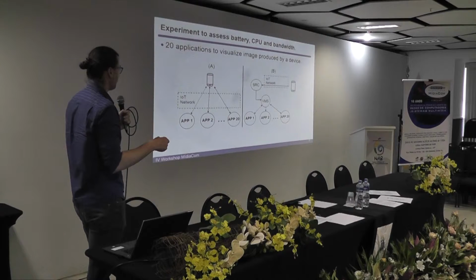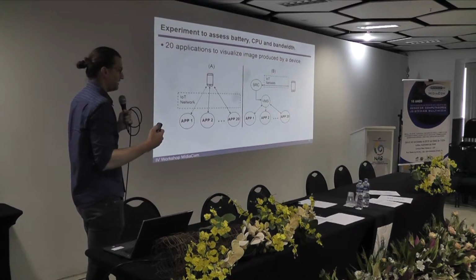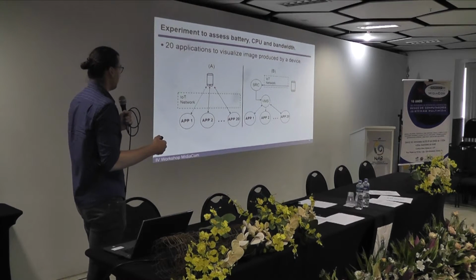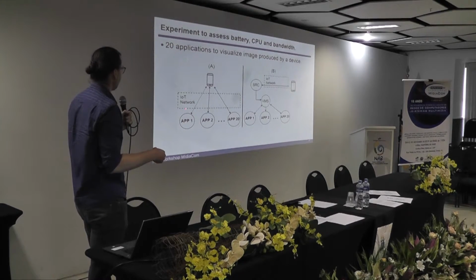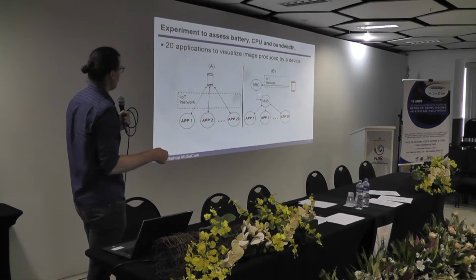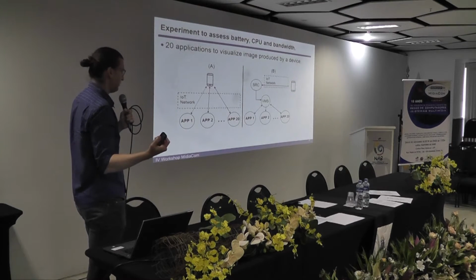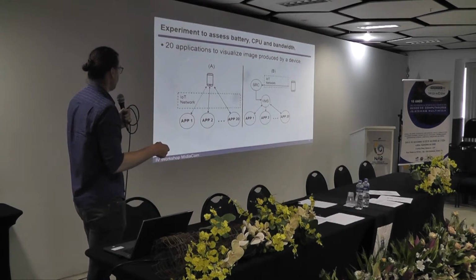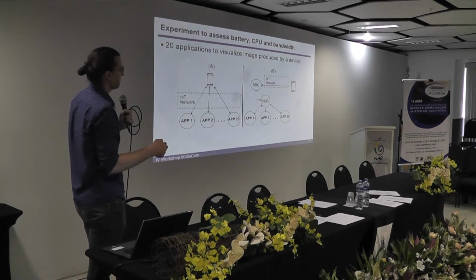The device is a cell phone that runs an RTSP server, and the device sends the video to the applications. In the second scenario, we are using our approach, and here the 20 apps, which are video viewers, are receiving the media stream using the VMS and not collecting data directly from the device.